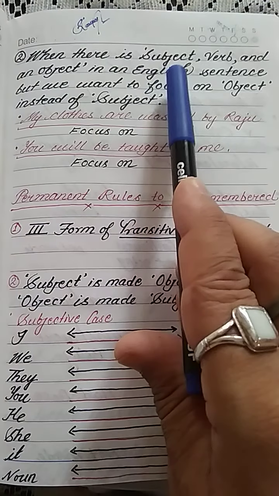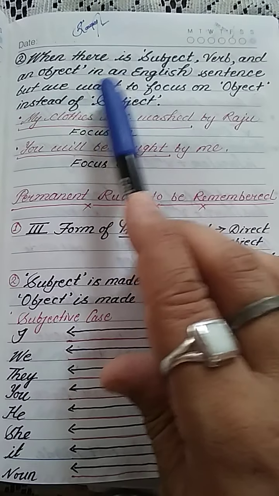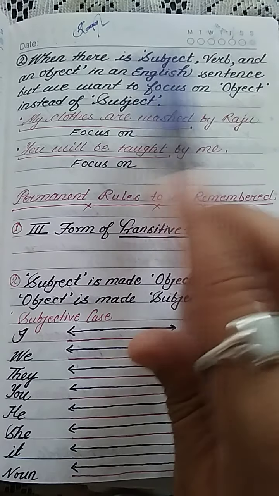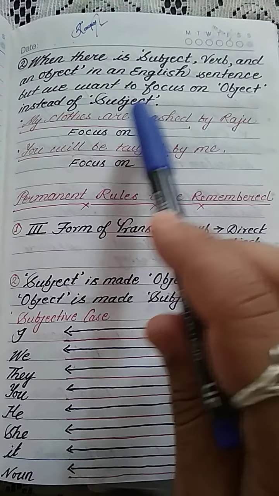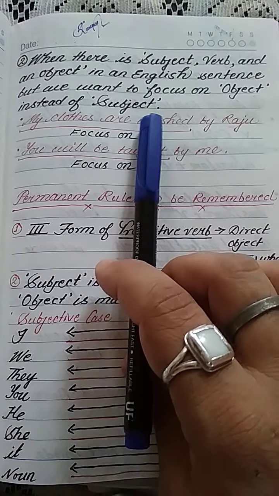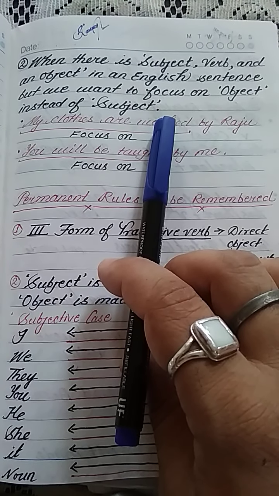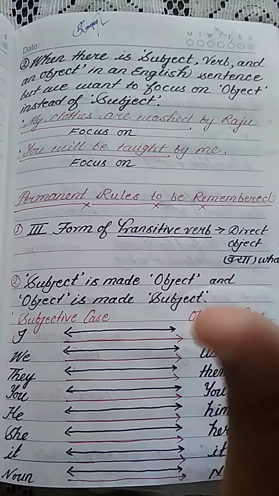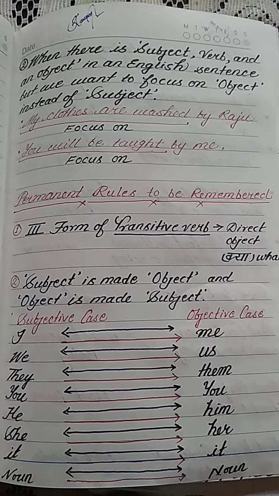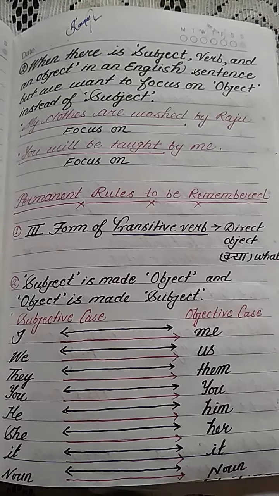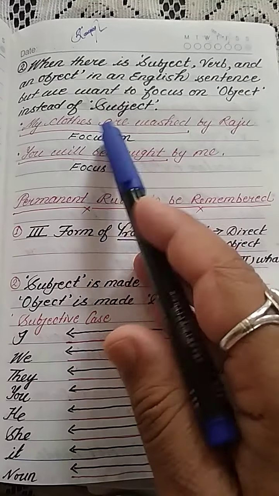when there is a subject, verb, and an object in an English sentence, but we want to focus on the object instead of the subject. Second thing, we are in need of using passive voice at the time when there is a subject, verb, object in an active sentence, but we are going to use not an active sentence, but a passive sentence instead of using the subject.